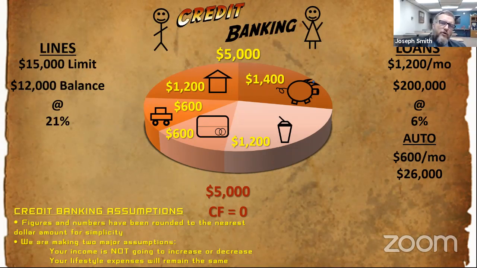What we're going to do is show you how you can take this average budget, these numbers that we averaged from the US Bureau of Labor Statistics, and begin to implement credit banking. But you have to know that we are going to make a few assumptions here. We're going to assume that your income is not going to change. It's not going to go up, it's not going to go down. And we're also going to assume that your expenses aren't going to change.